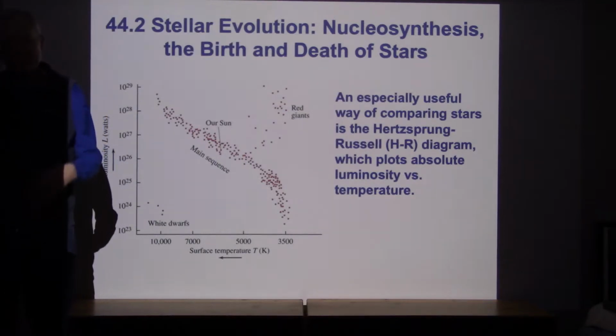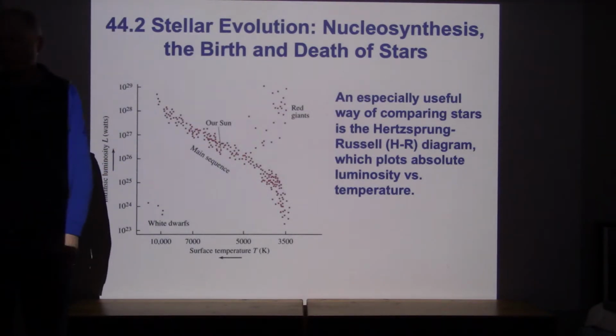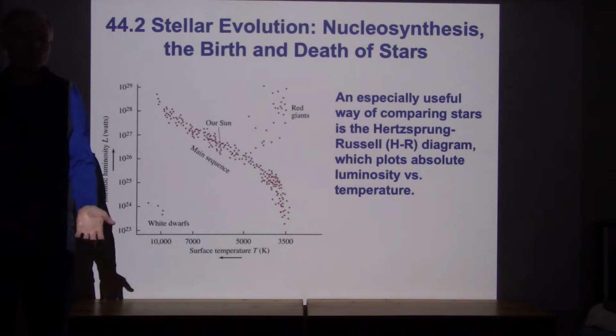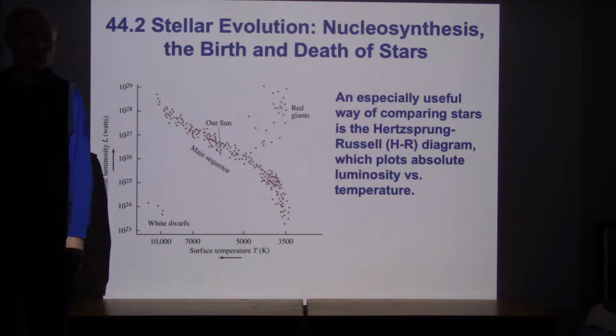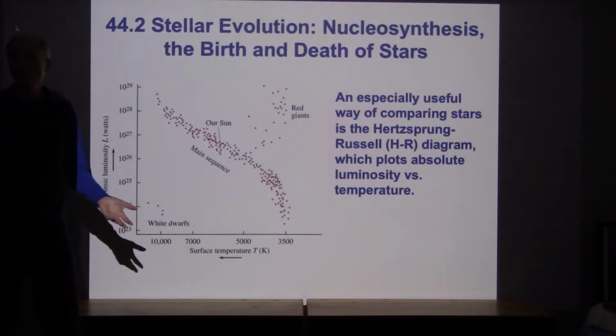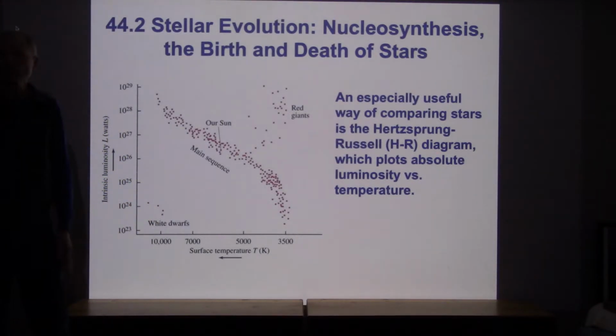Now, this is also pretty amazing. If you go back a little over 100 years ago, no one had any idea how these stars were able to maintain these luminosities over long periods of time. There were no known chemical reactions that could power these stars, and then nuclear fusion processes were discovered.